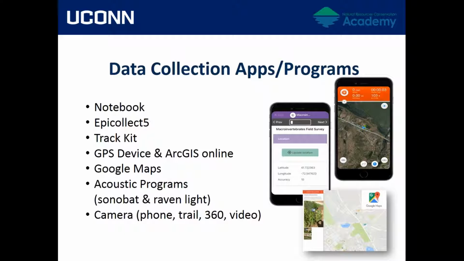EpiCollect 5, that form app, Trackit for mapping. You might use a GPS device and ArcGIS Online. You might use Google Maps for your mapping data. Some different acoustic programs like Sonobat or Raven Lite. And then again, your camera can be a really valuable data collection tool, either through your phone, a trail camera, the 360 camera, or a video camera.